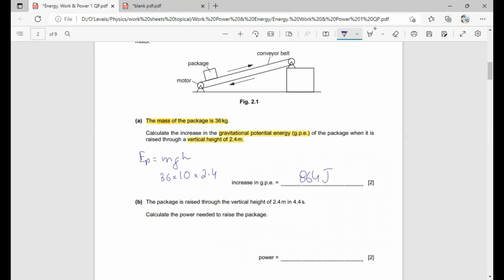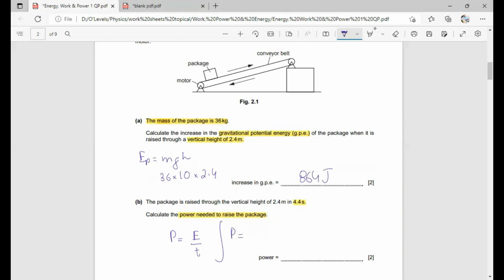Now in the next part, we have energy, so what about power? Calculate the power needed to raise the package if the time taken is 4.4 seconds. You know well that power is equal to energy over time.